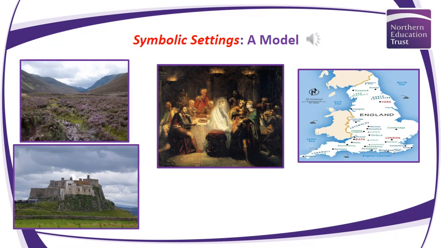Again, notice how through talking about these settings, I've gone back to key moments from the play and our character's journey, but also going back to those conceptual ideas with that semantic field that we built up around it. It's a multi-layered approach.